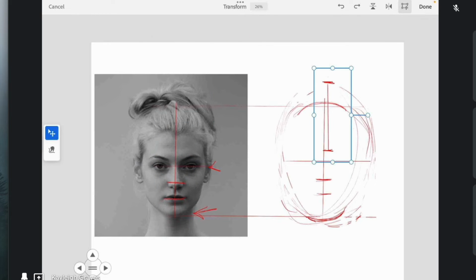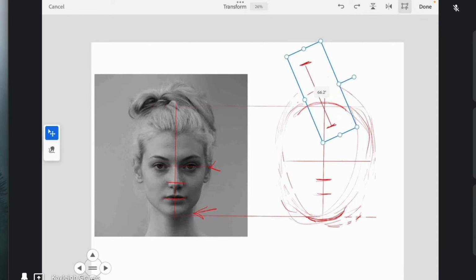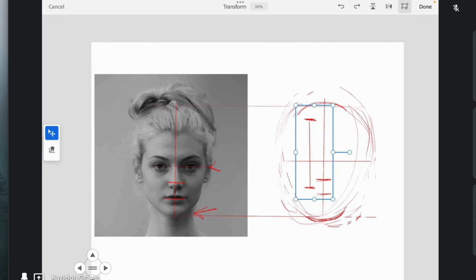So if I were to bring this over here, we're going to try to do a 1-for-1. If this is the width of my head, I can rotate it. And again, I got 1 and about 3/4. So that fits.